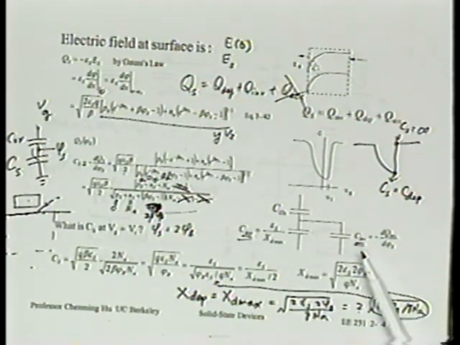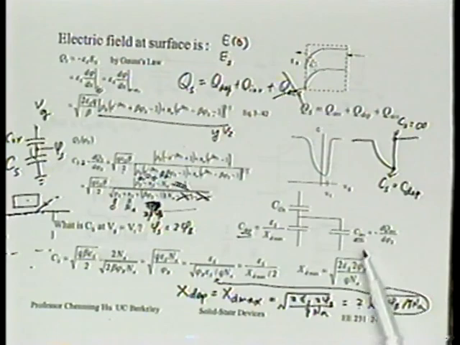The last time we already talked a little bit about how you define VT. Why did you pick that definition? There are many ways you can decide when the surface is inverted. Why do we pick that particular situation? The best justification is exactly this. If VG is larger than that, most of the applied change in the gate voltage, the additional voltage, will be used to change inversion charge.